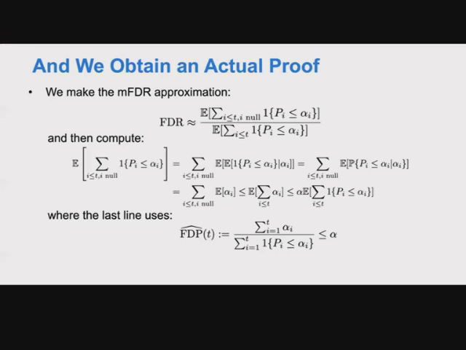That's what conditioning is. The next step is something you'll hopefully remember: the expectation of an indicator is the same as the probability of the event. Why is that? An indicator random variable takes on the value either 1 or 0, and remember what an expectation is: the value times the probability of that value, added up over all the values. If the value is 0, I take 0 times the probability and get 0.